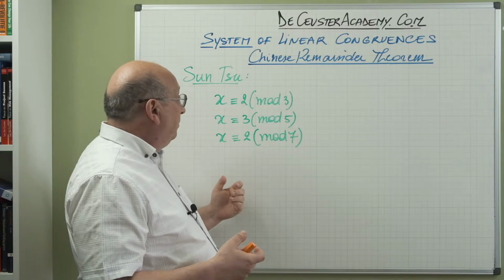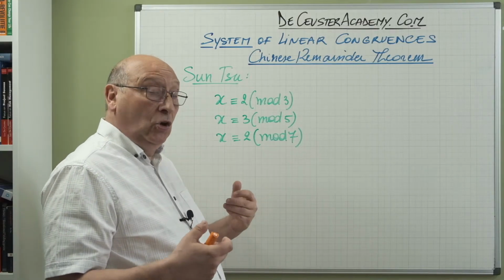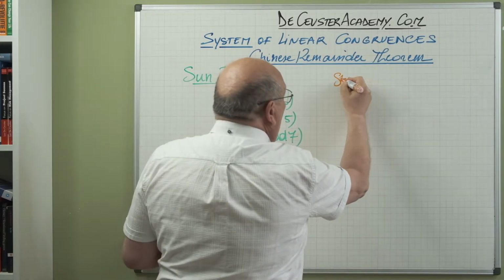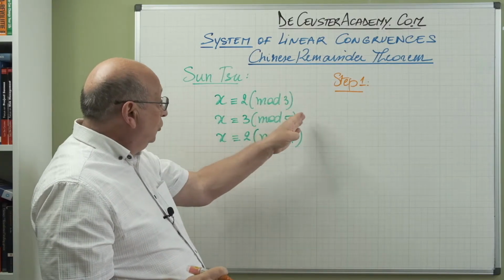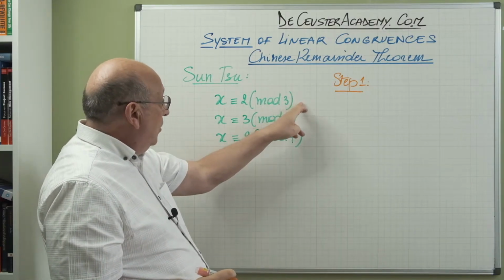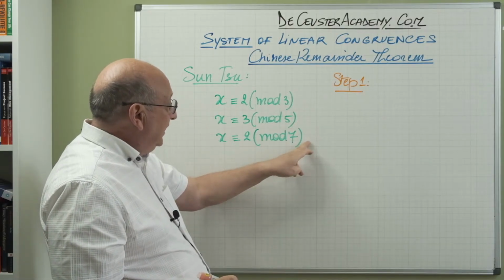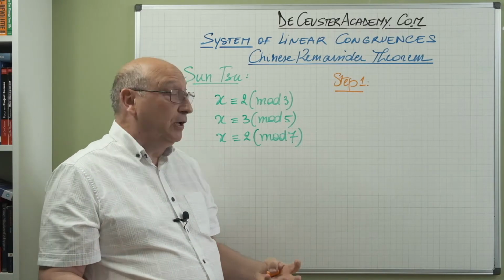And we're going to apply the principles that we determined before. Step 1 is in fact verifying if the moduli m1 equal 3, m2 equal 5, and m3 equal 7 are relatively prime.